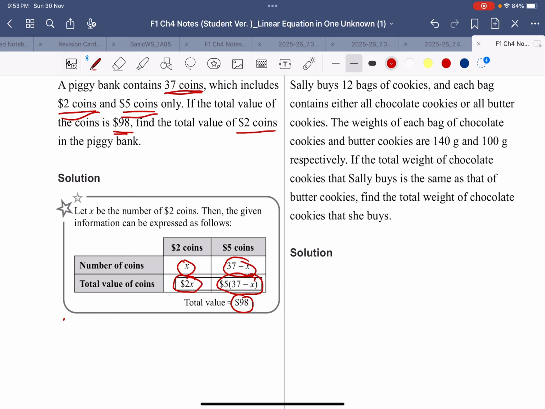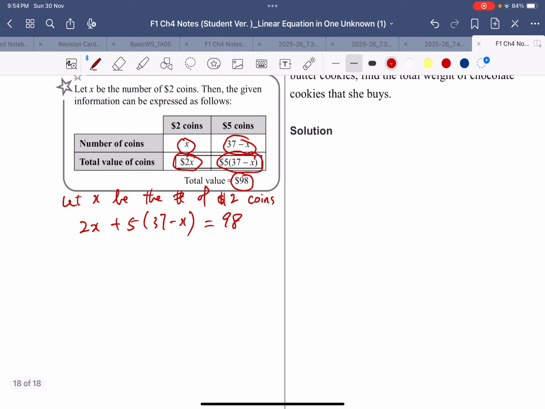Of course you need to let X be the number of $2 coins. And then 2X is the value of $2 coins. Each of the $2 coins is $2, right? 2X plus 5 times 37 minus X equals 98. All right, solve it.